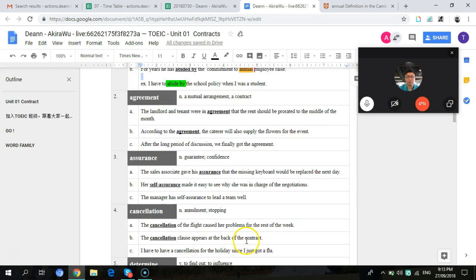Okay. Now let's move on to number 2. Can you read what is agreement? The landlord and the tenant were in agreement that the rent should be prorated to the middle of the month.